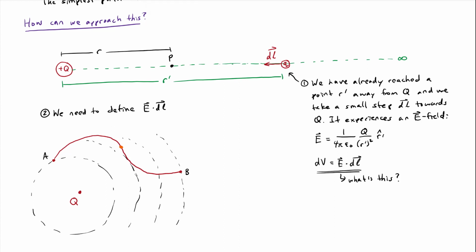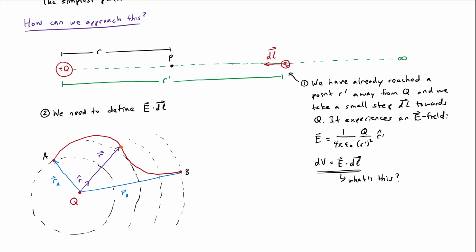We're going to say that this is RA, this is RB, which means this is going to be R in the R hat direction.